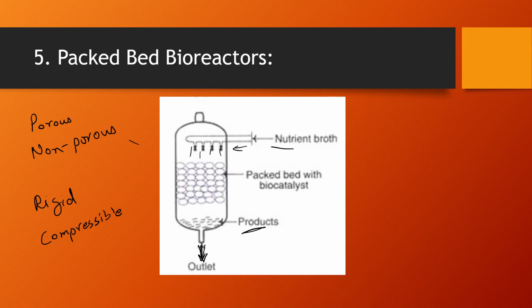If there are certain bioreactions where there is inhibition of the enzyme by the product, for example feedback inhibition, then feedback inhibition is prevented through this packed bed bioreactor. One type is also the trickle bed bioreactor, in which water is trickled like a shower into the bed of the biocatalyst.